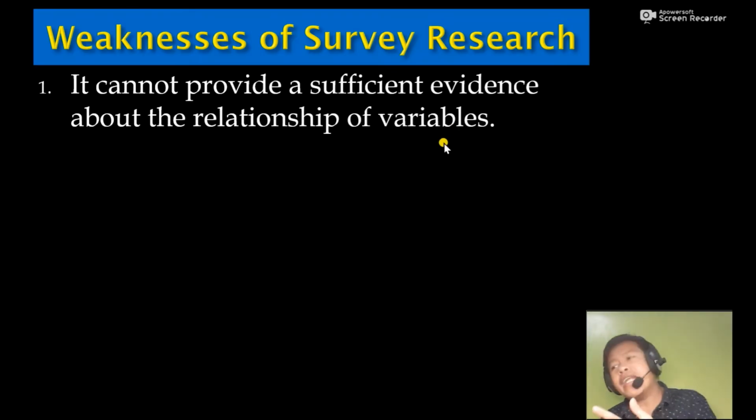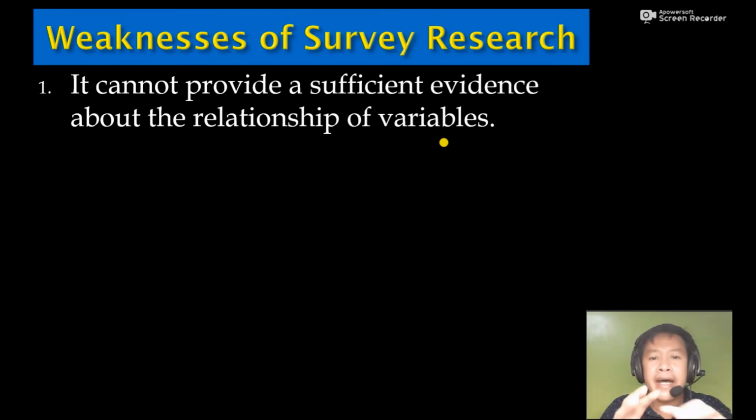Unlike qualitative research, where you can explore the vast ideas of the respondents, because unlimited ideas and opinions can be collected, giving meanings or metaphors to this particular issue, that is, the relationship between the two topics that you are going to discuss.